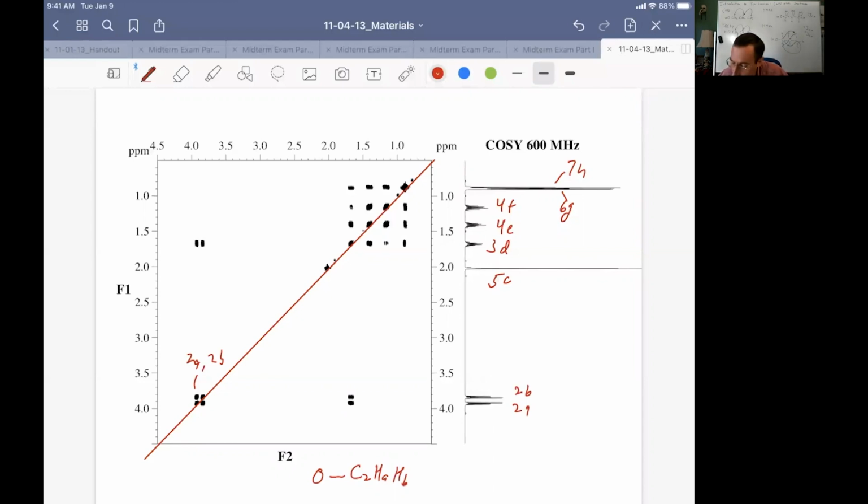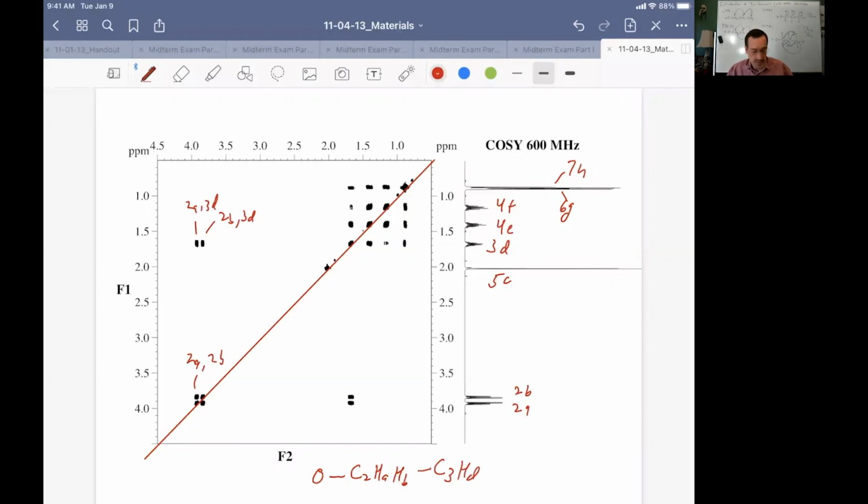All right, now things start to get interesting with the next two cross peaks because now we've got 2A with 3D, and we've got 2B with 3D. So now that takes us to C3HD, a methine, because we knew it was a methine from the DEPT spectra.